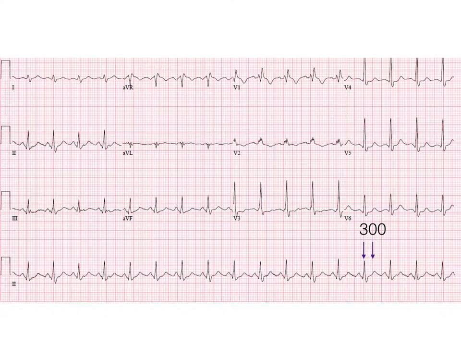For the first square, if there was a next QRS, it would be 300, but because it's not, then if that was 2 squares, it would be 150. But in this case, we have 3 squares from the first QRS, and that gives us an approximate heart rate of 100.